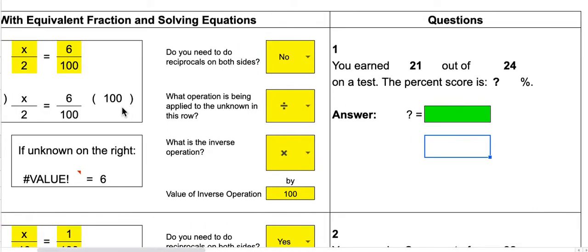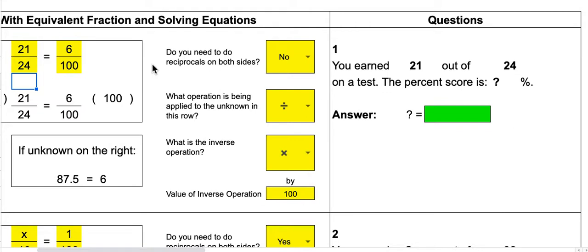Okay, so let's look at this. You earned 21 out of 24. How do I write that as a fraction? Well, I need to write that as 21 out of 24 on the test. Right? That's how I write that as a fraction. Then it says the percent score is question mark.